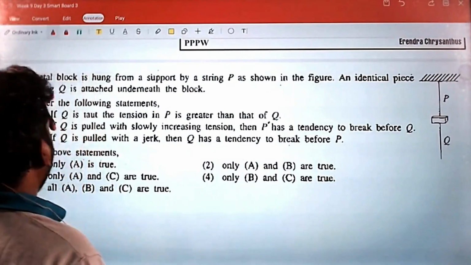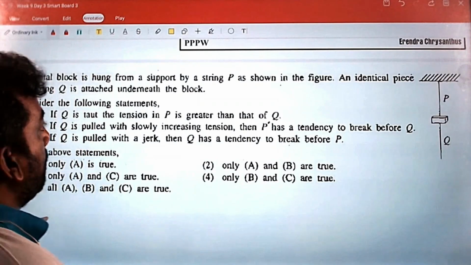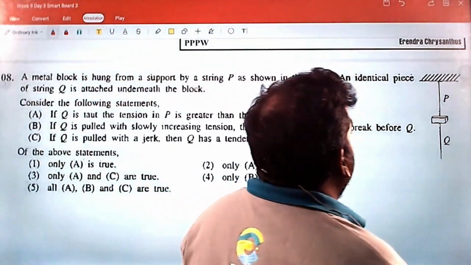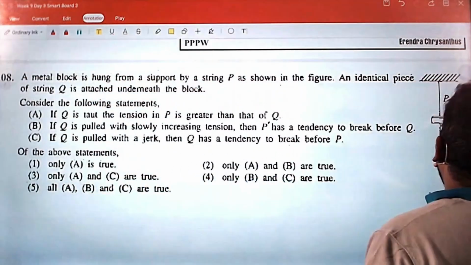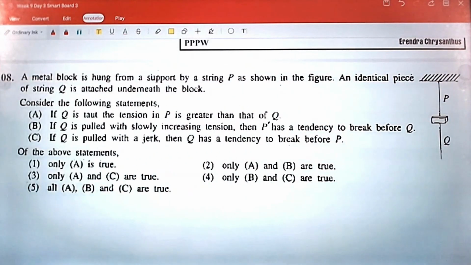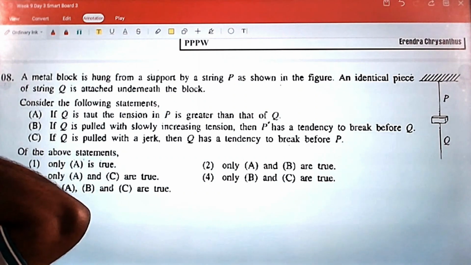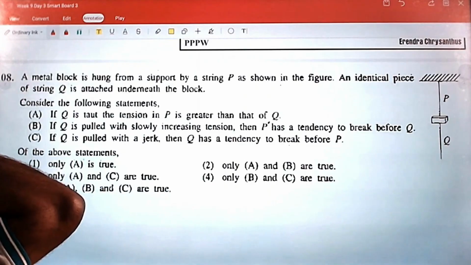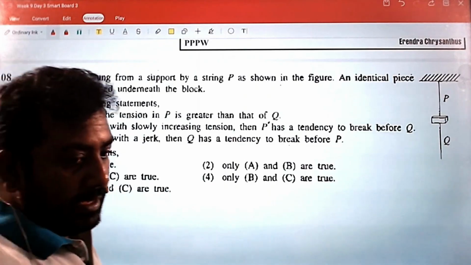Next one. A metal block is hung from a support by string P as shown in the figure. So the metal block is hung here. From here you get the basic relationship. Consider the following statements. If Q is taut, the tension in P is greater than in Q. What do you mean by Q is taut?